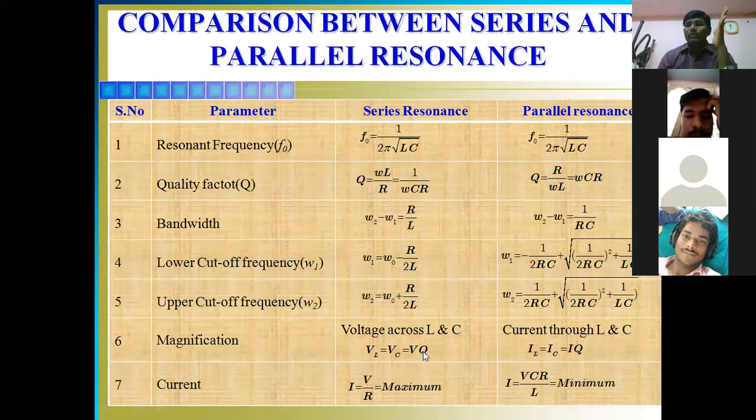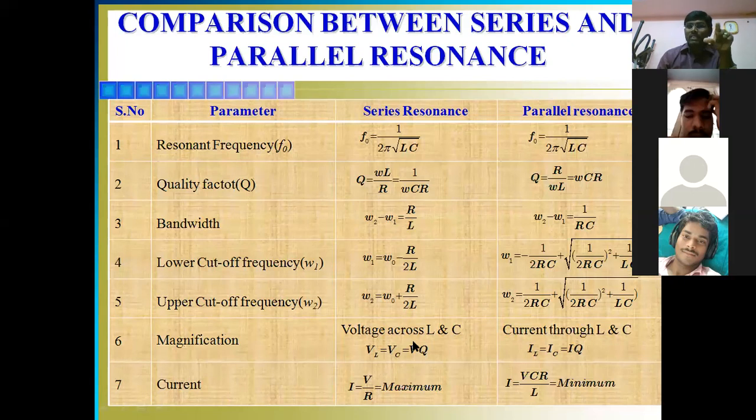For a better amplification circuit, the Q may be more than 10, even more than 100. So if Q is 100, VL is 100 times V. If V is equal to 1, and Q is 100, then VL is equal to 100 volts, though the input voltage is 1, because of the high quality factor.